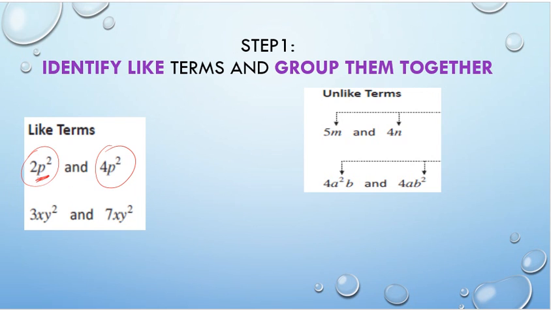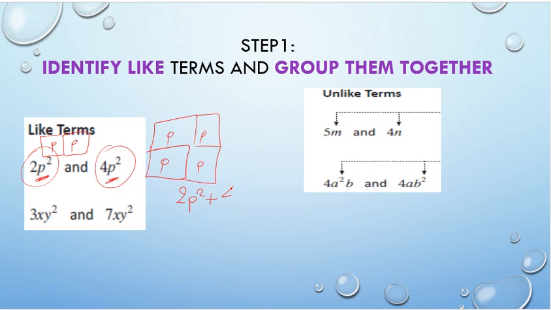Because this is b squared and this is b squared. It is b squared and b squared here. How many? 2b squared. How many here? 4b squared. So can I write this as an expression? Yes, I can write 2b squared and 4b squared equals how many b squared altogether? 1, 2, 3, 4, 5, 6 equals 6b squared.